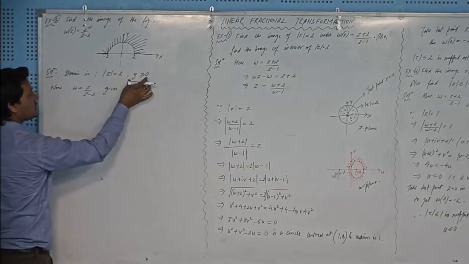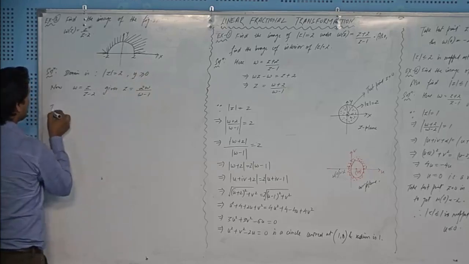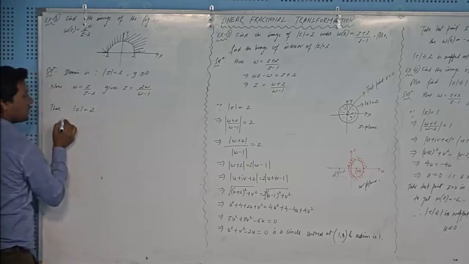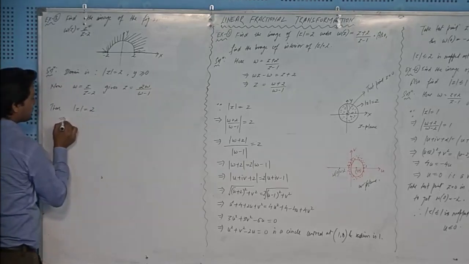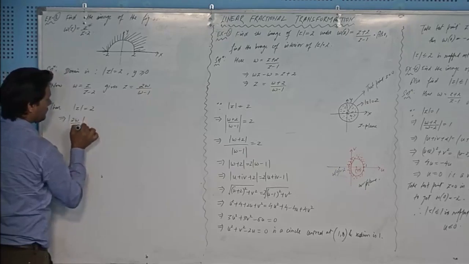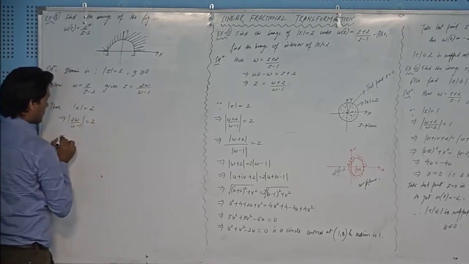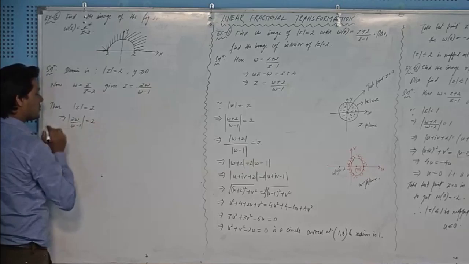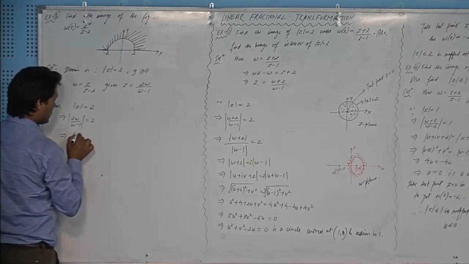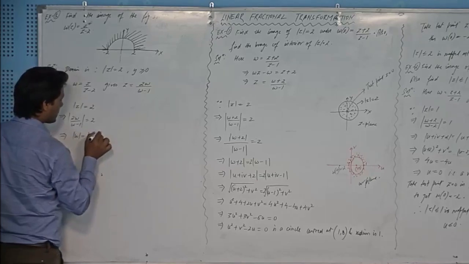First I will use this, then I will consider this. Mod z equal to 2 implies, if you plug the value of z, mod of 2w over w minus 1 equal to 2, and the 2 and 2 can be cancelled also, right? And on cross multiplying it will give you mod w equal to mod of w minus 1, right?